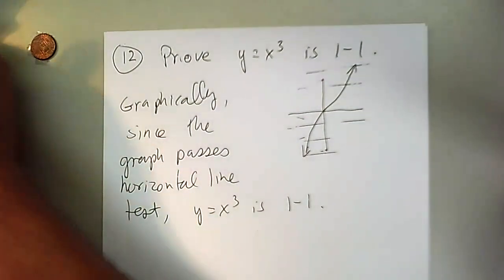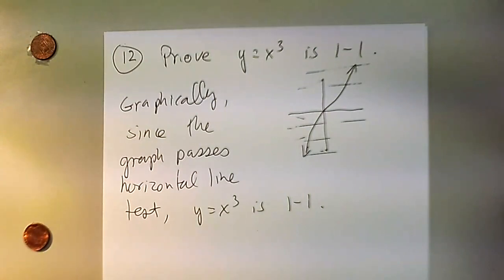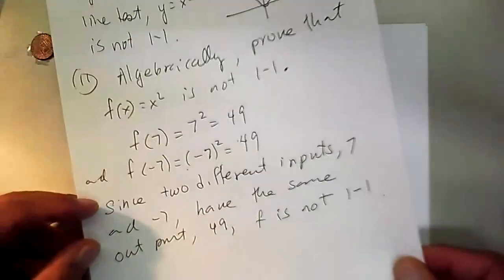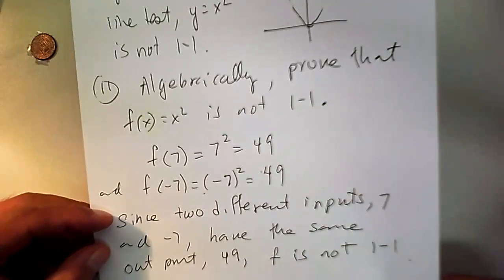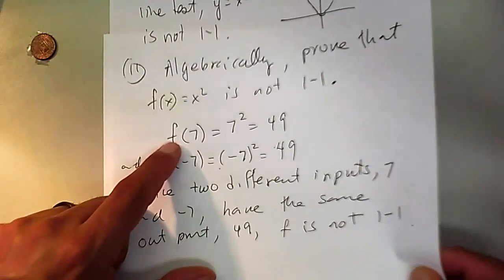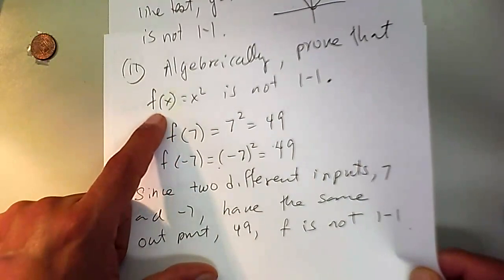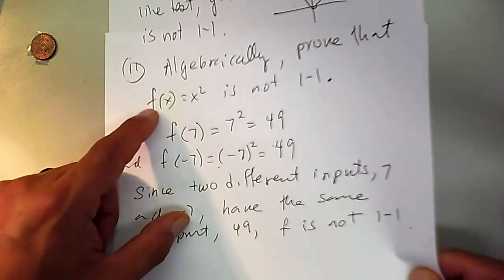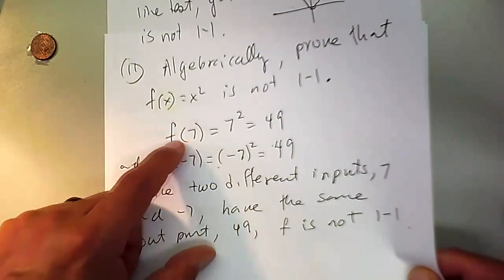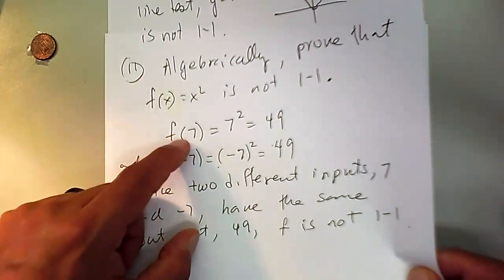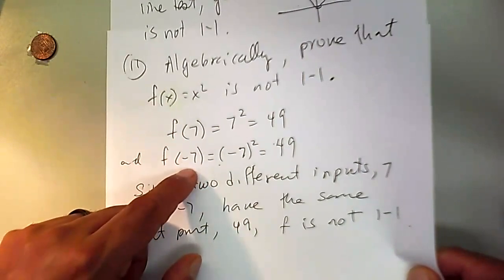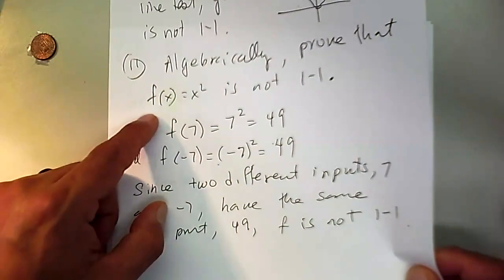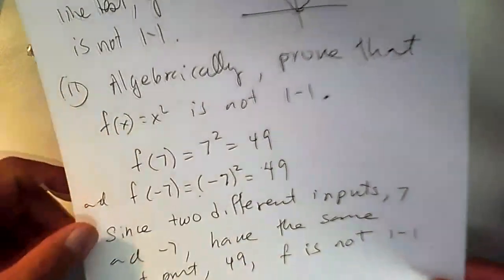Now, before I finish this video, because I'm probably going to do more than one video today, I wanted to address this. Remember, in this example, I changed the y equals x squared to f of x. The reason why I changed it to an f is because I wanted to show what we were plugging in, 7 and -7. So let's say we left it as y.